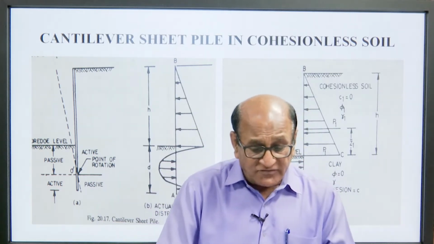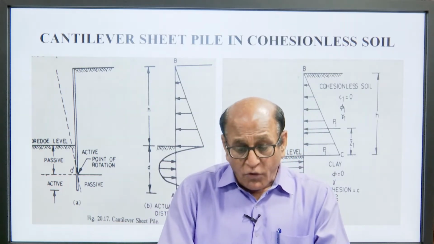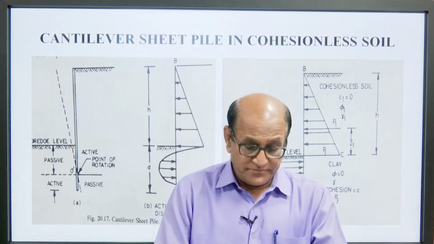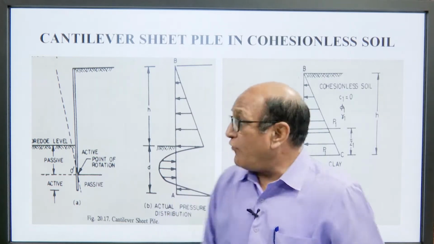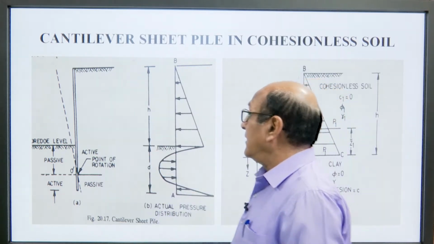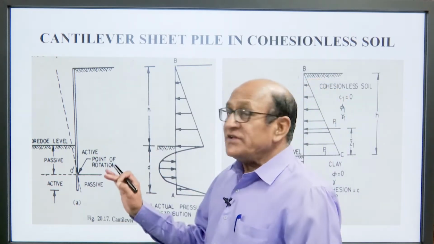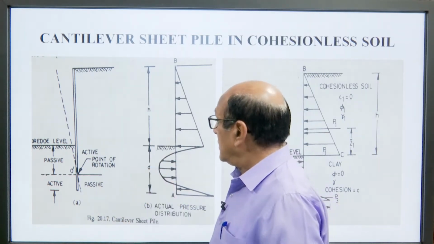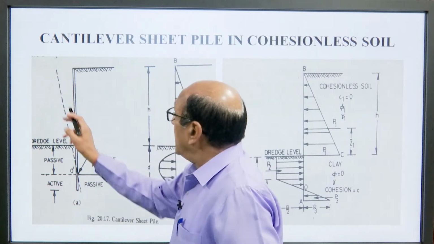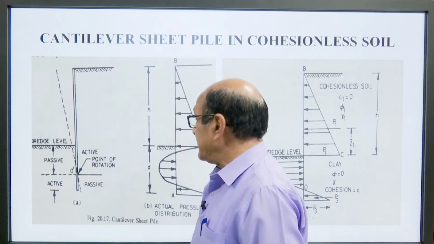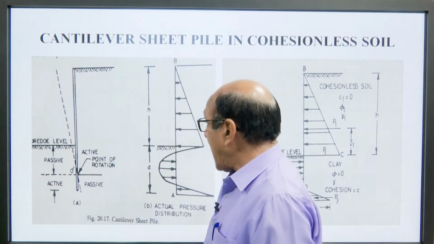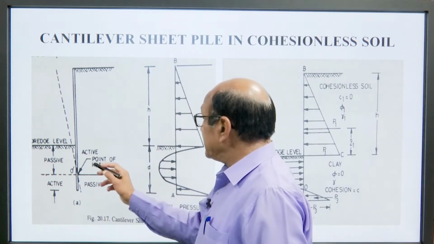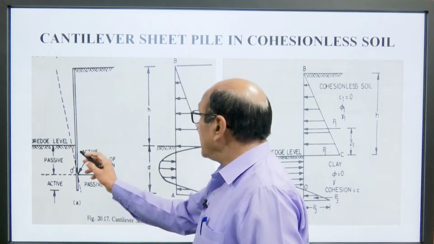Now, come to the next one, cantilever sheet pile in cohesionless soil. So, we can see here again because it is cohesionless soil, the sheet will behave this way. This is the dredge line, these are the passive forces acting on the sheet, and this is the active pressure acting on the sheet.